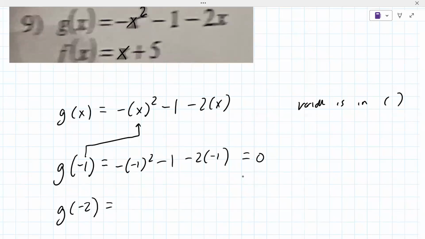Calculate g of -2 for me, please. Okay. g of -2. Oh, wait, that's it. So -2 squared is 4, so 4 minus 1 plus 4... -1.